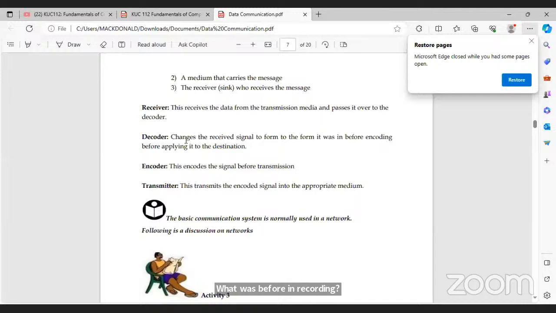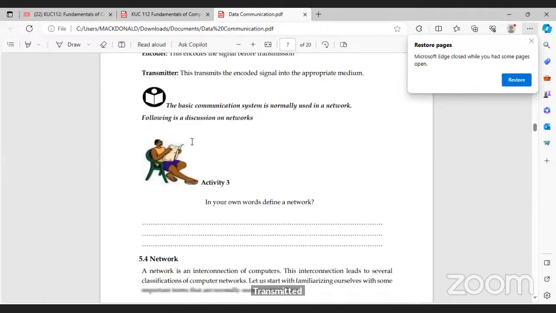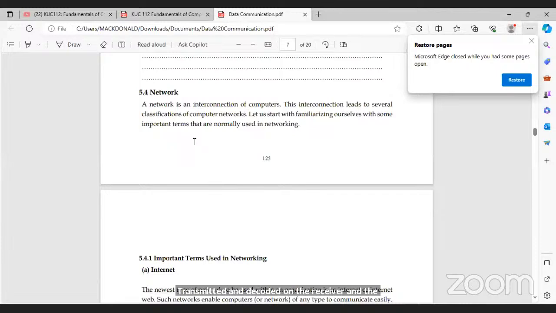At your free time, you should understand what a decoder and an encoder are. Before a message is transmitted, it's usually encoded, transmitted, then decoded on the receiver side.